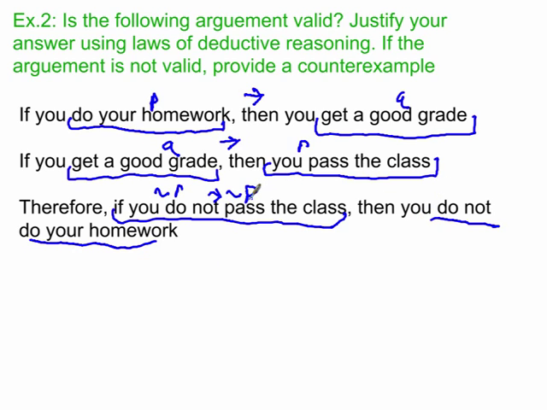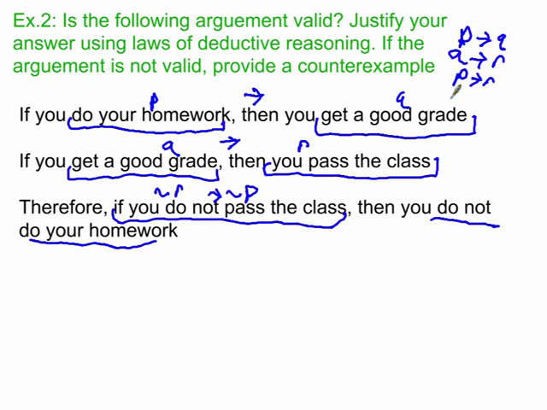So is this true? This looks like a contrapositive here, right? We know P implies Q, Q implies R, and if I use the law of syllogism, it says P implies R. Well, we know this is true then.